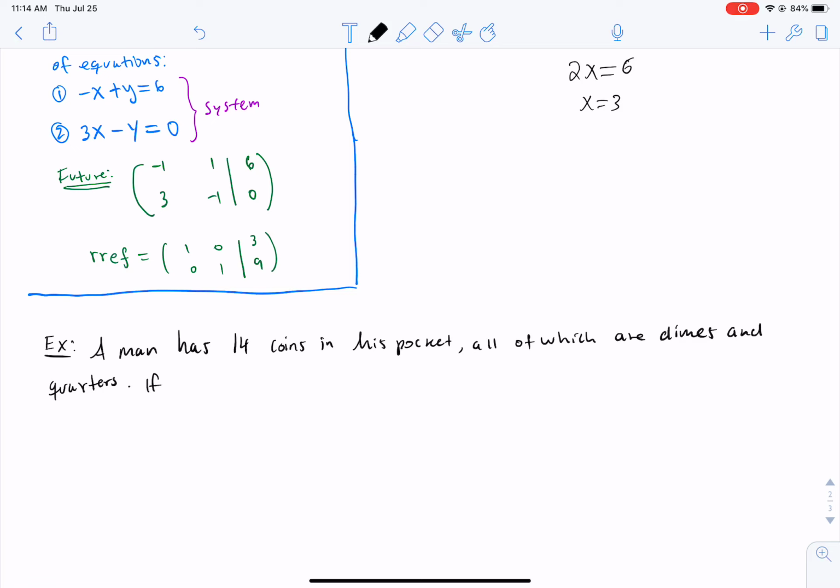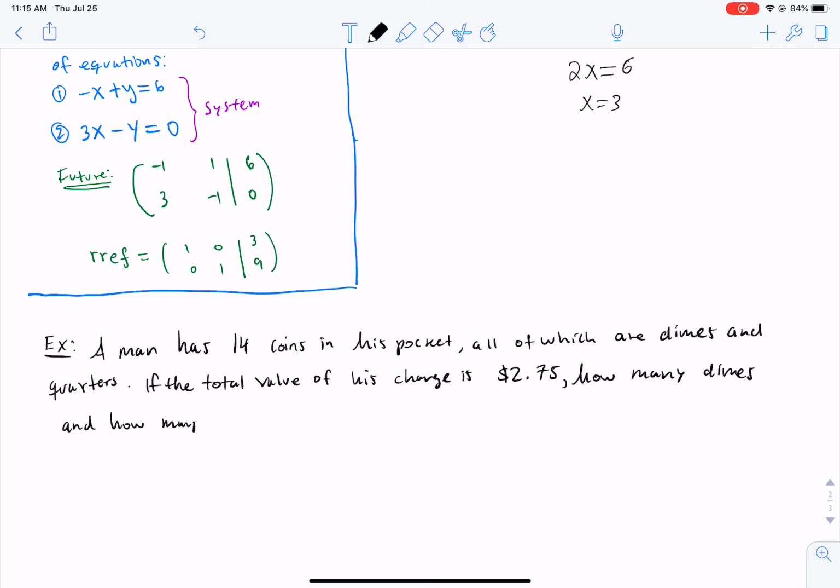If the total value of his change is $2.75, how many dimes and how many quarters does he have?